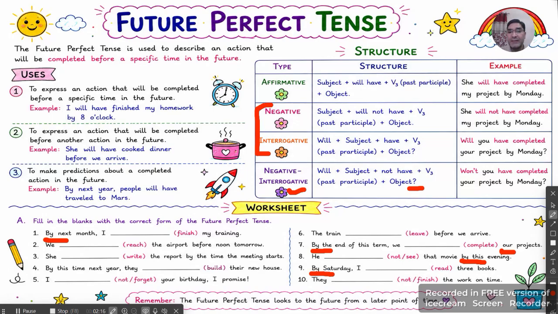By Saturday, I will have read 3 books. Last sentence. They will not have finished the work on time. So remember, the future perfect tense looks at the future from a later point of view.